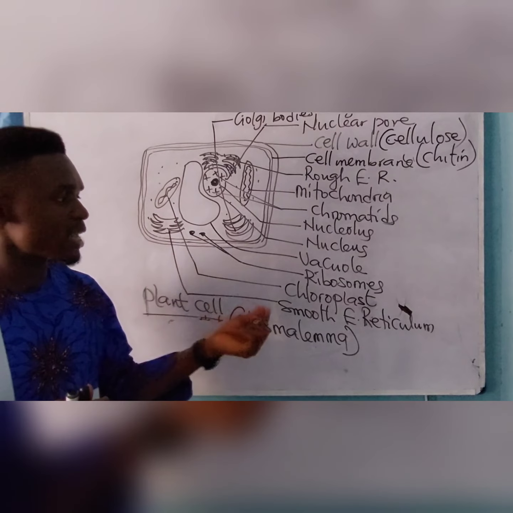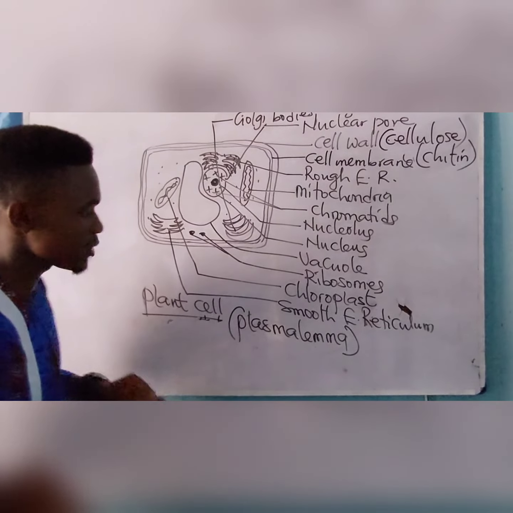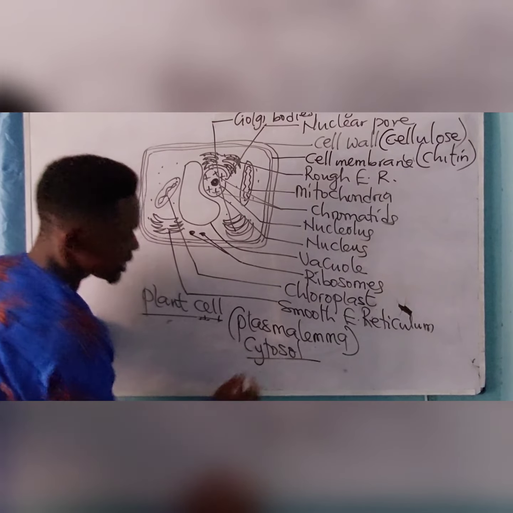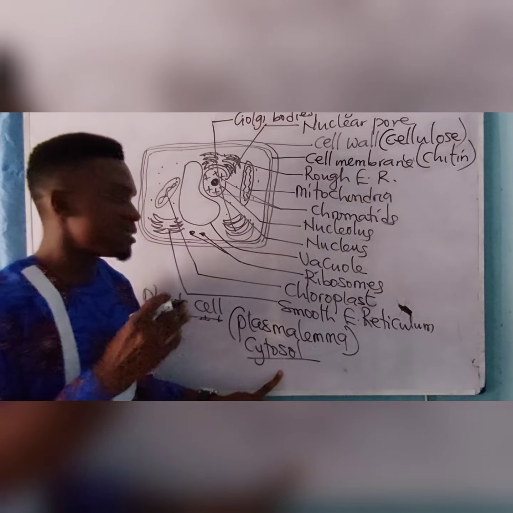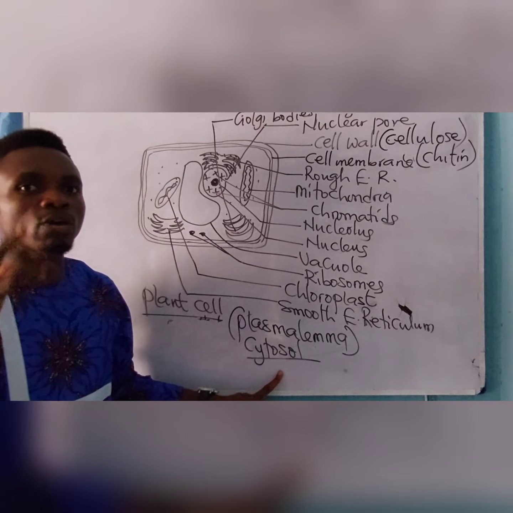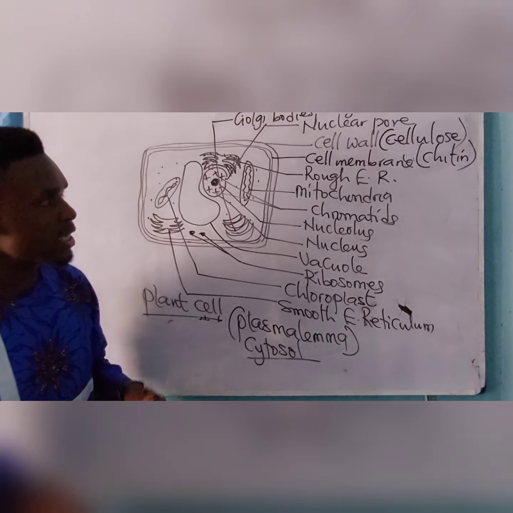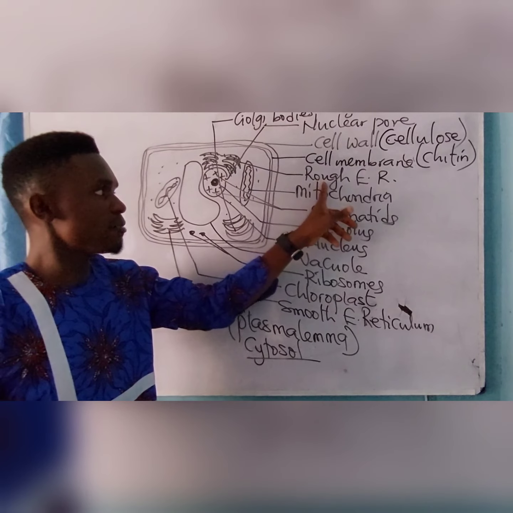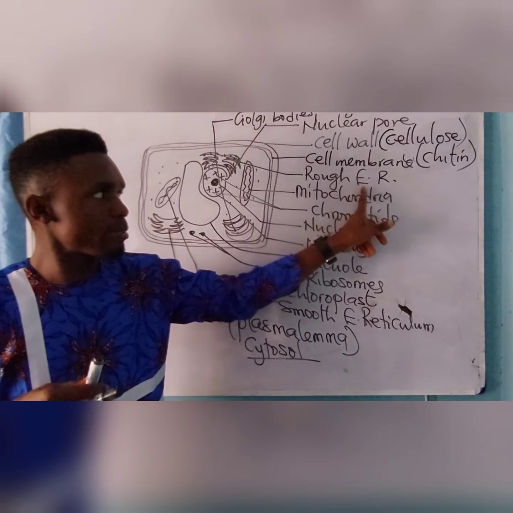The fluid that the cytoplasm has is called cytosol. The cytosol is the fluid that is found in the cytoplasm where all other organelles are suspended. That is the function of what? The cell membrane.